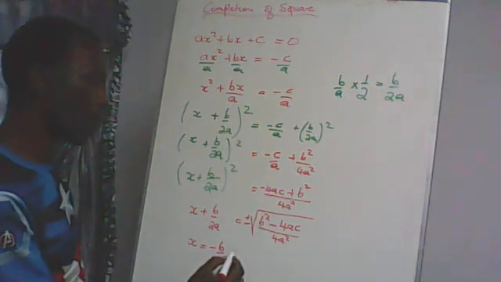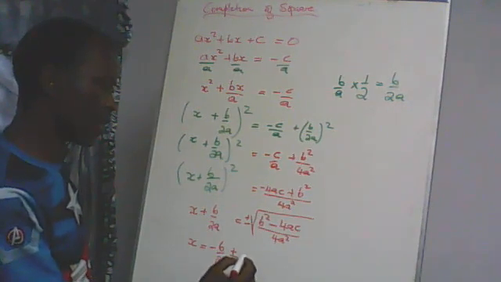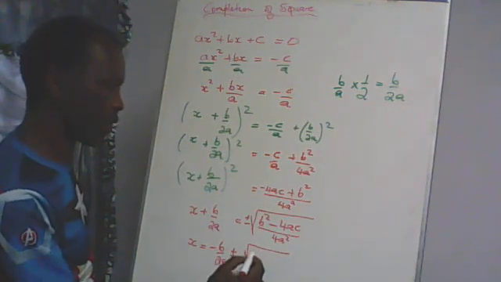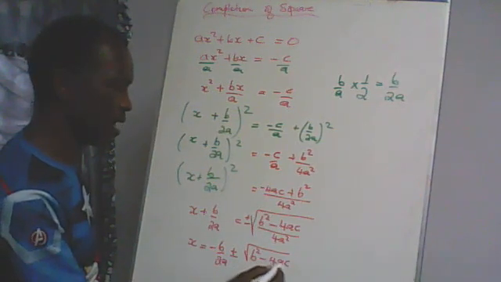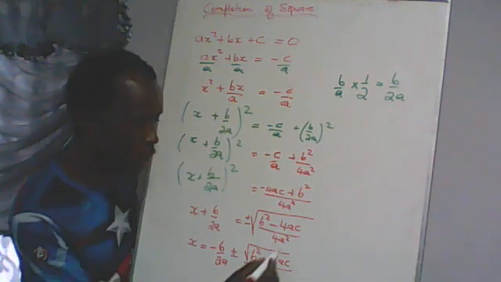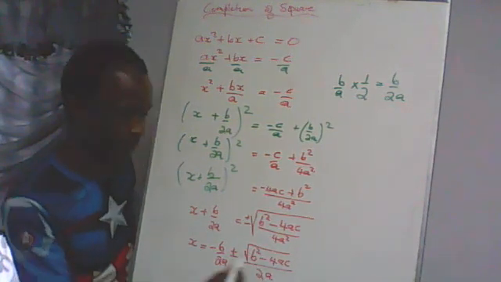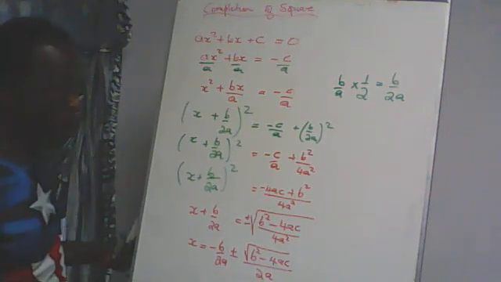Then plus minus the square root of b squared minus 4ac. What is the square root of 4? It's 2. The square root of a squared is a. Now look at these two. They are the same. They are common.